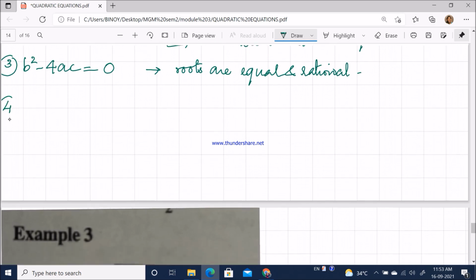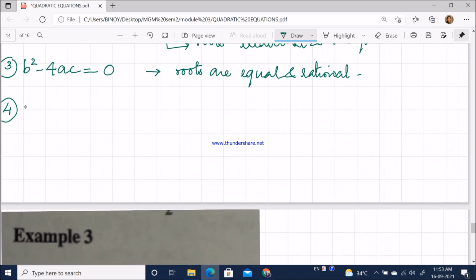And the fourth case of the nature of roots is b square minus 4ac less than 0. Then the roots are imaginary.